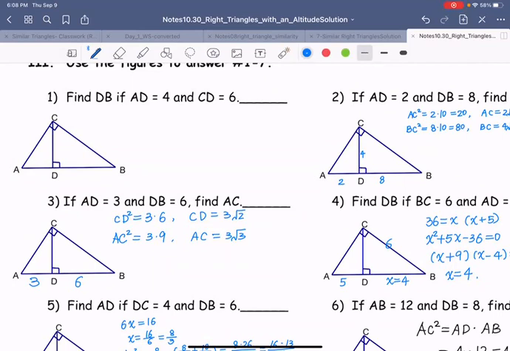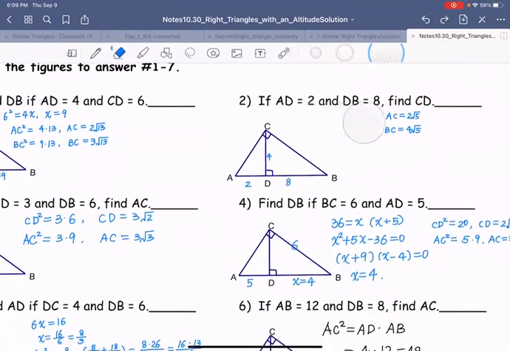Do it and tell me your answer. DB is how much? This guy 6. How much? 9. There you go. Very good. Makes sense now? Yes.